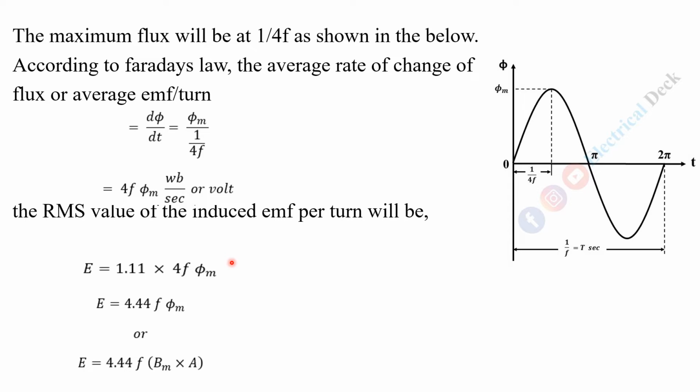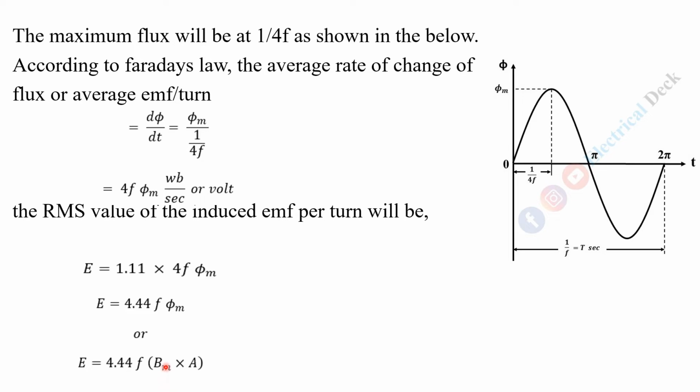Then the RMS value of the induced EMF per turn will be 4 F phi m into 1.11. 1.11 is the form factor. If we multiply the form factor with this average EMF per turn, then we get the RMS value of the induced EMF per turn. So finally E will be 4.44 phi m F.